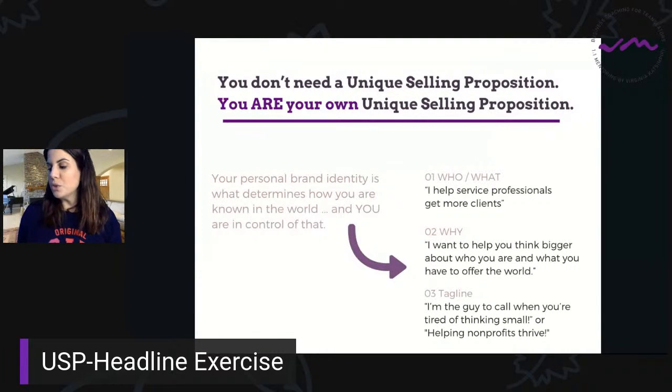I want you really to work on your unique selling proposition. I really want you to use in that unique selling proposition the who and what definitely. I would encourage you to also add what it is that you do. So you help who, this is where you put your ideal client. You help who to do what.